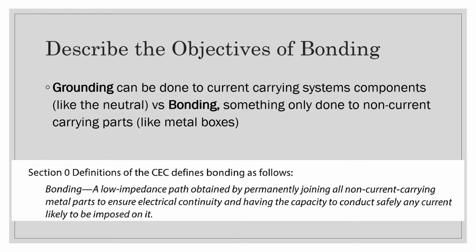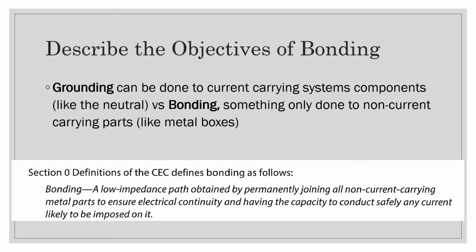From learning task 1, you'll remember that grounding can be done to current carrying system components. So current does travel along the neutral, yet the neutral is what we tie to ground.